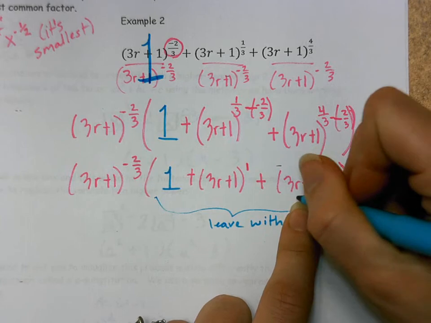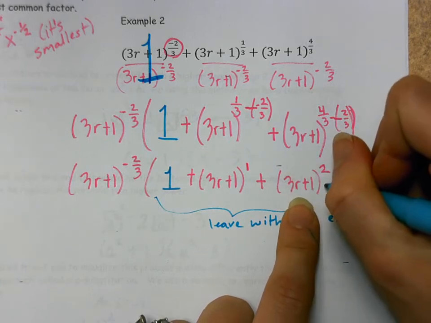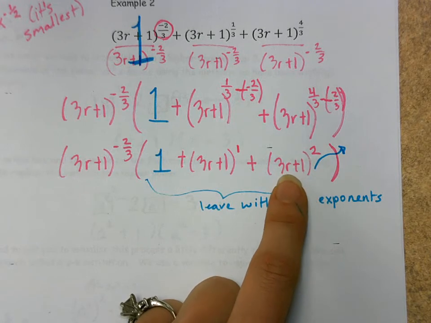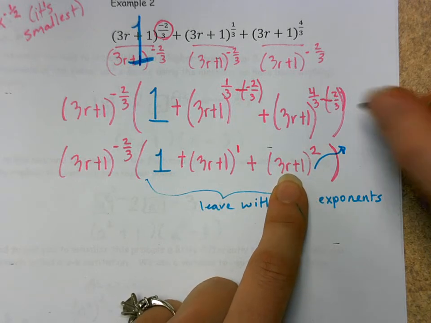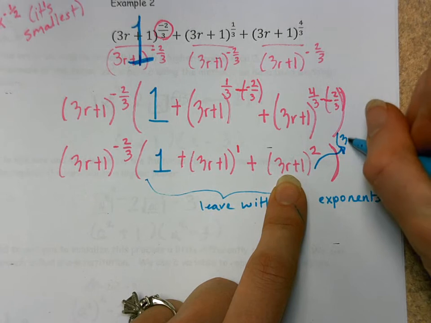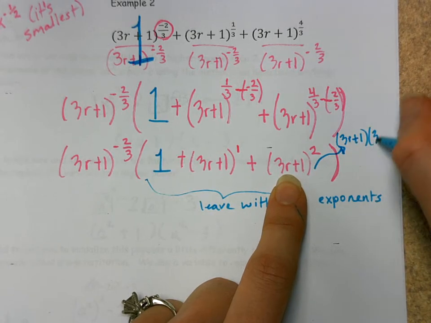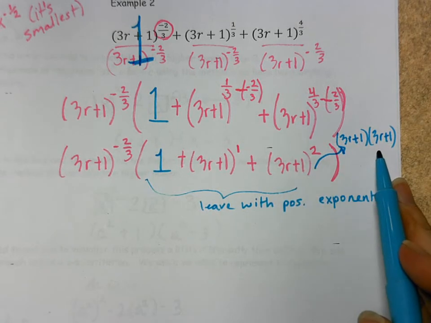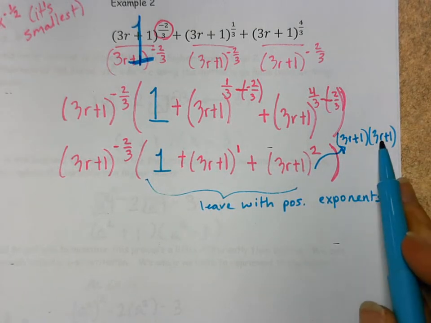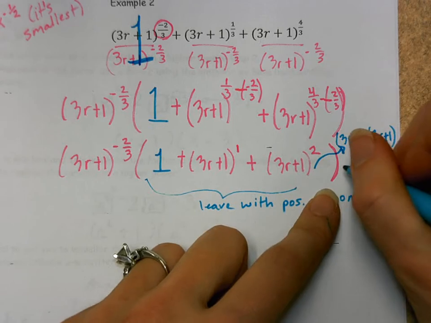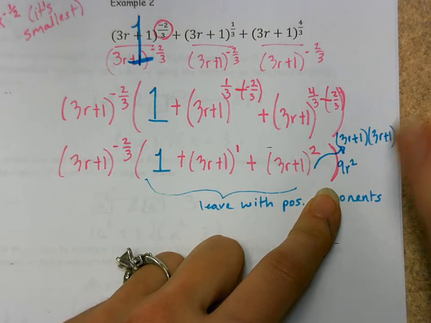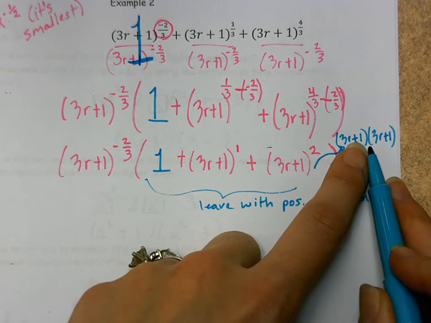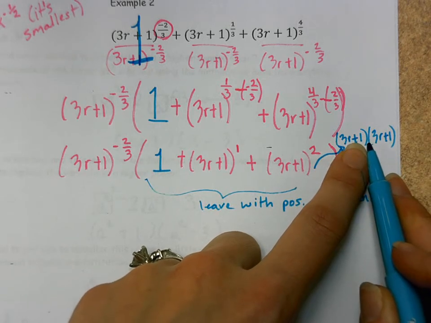So let's think about how we would simplify 3r plus 1 squared. How do you simplify that? What process do you have to use to square that? FOIL it. I have to do 3r plus 1 multiplied by itself, which you can see is necessary for foiling. What's 3r times 3r? 9r squared. 3r times 1 is 3r, and if I do the inside, 1 times 3r is 3r.